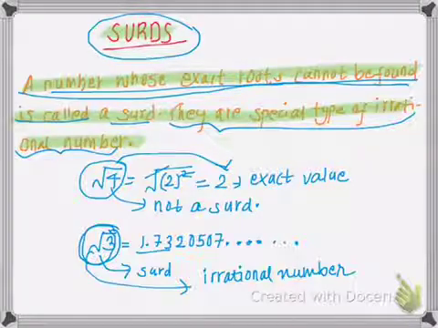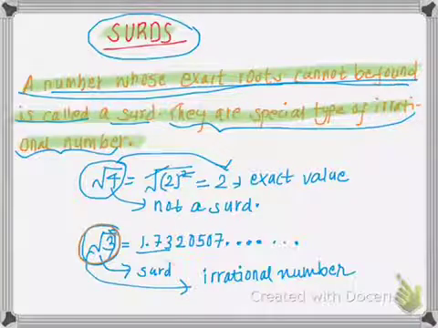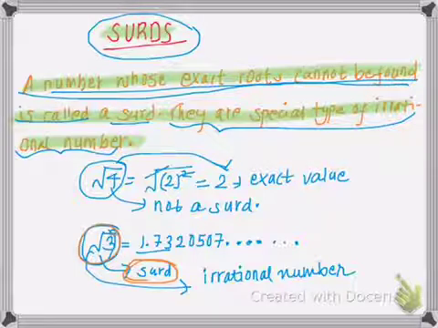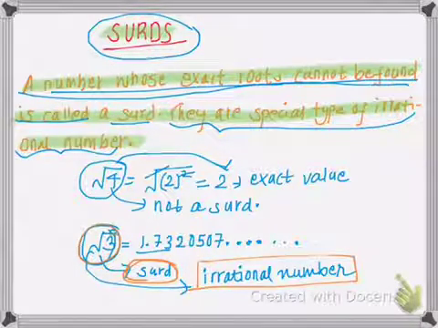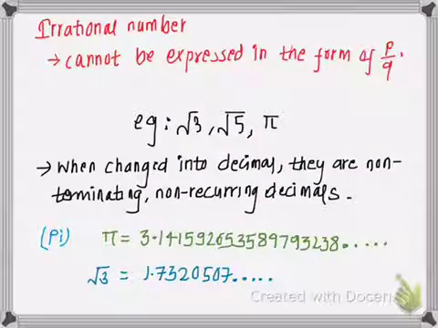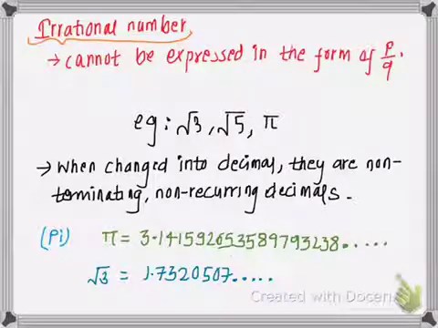But what really is an irrational number? So let us look at this. As we've determined that root 3 is a surd, let us look for the reason why root 3 is an irrational number. An irrational number is just the opposite of a rational number.